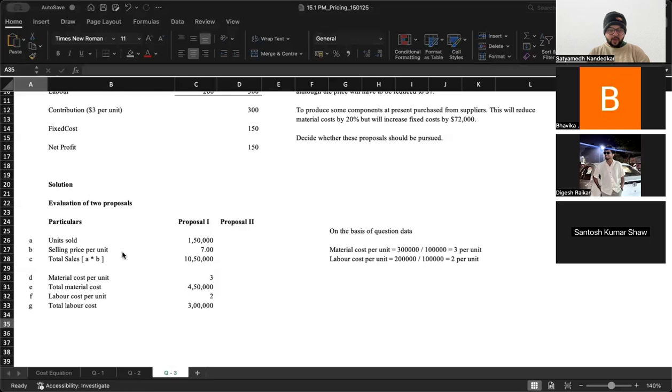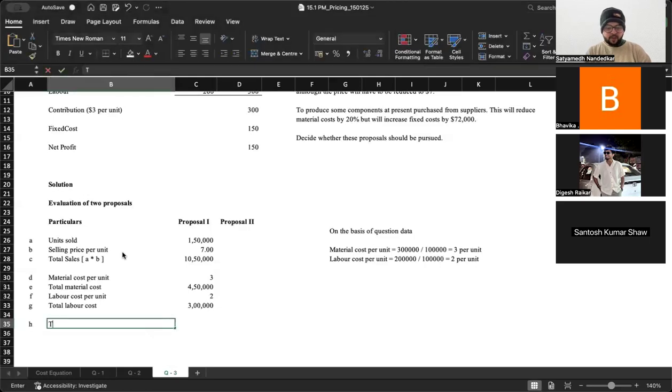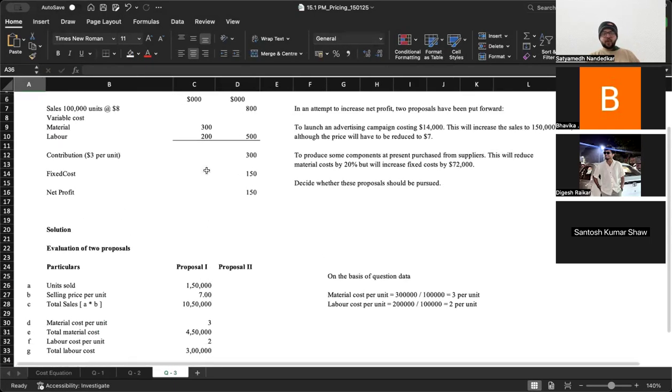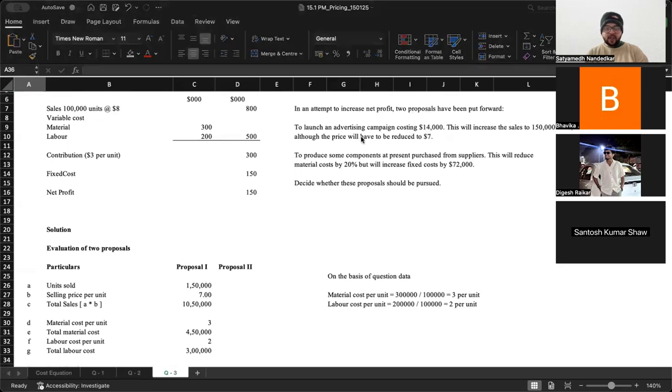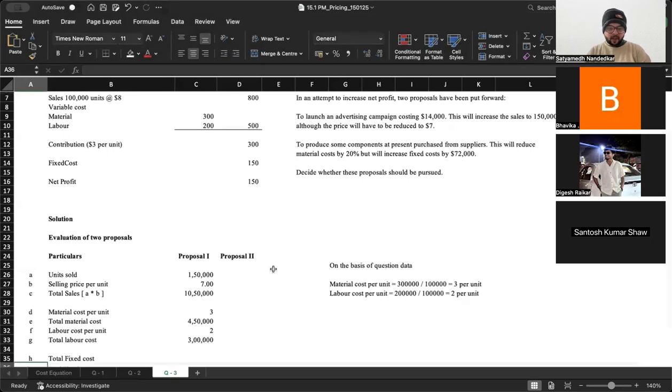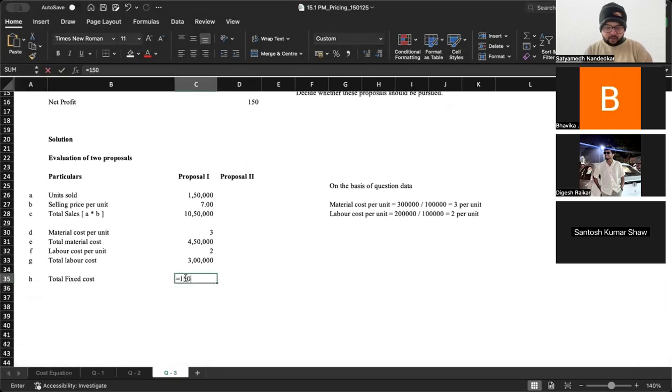ठीक है, so let's now also write down the total fixed cost. अब यहाँ पे the original total fixed cost is 1,50,000, but here there is an advertising campaign जिसमें you are incurring another 14,000. So total should be how much? 1,50,000 plus 14,000. That is 1,64,000. I will write down my total cost.